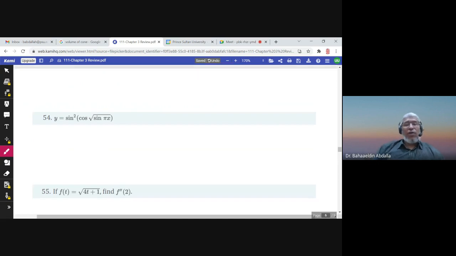Sine square, this is the outer function. I have a composition. So y prime would be 2 times sine of all of this, times derivative of sine, which is cosine of all of this.